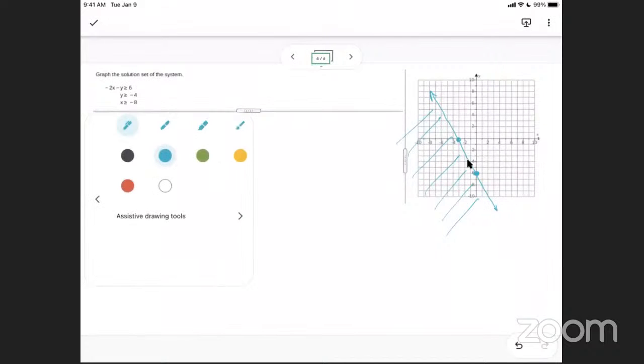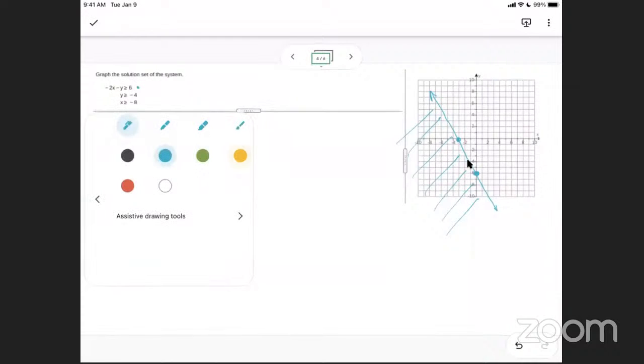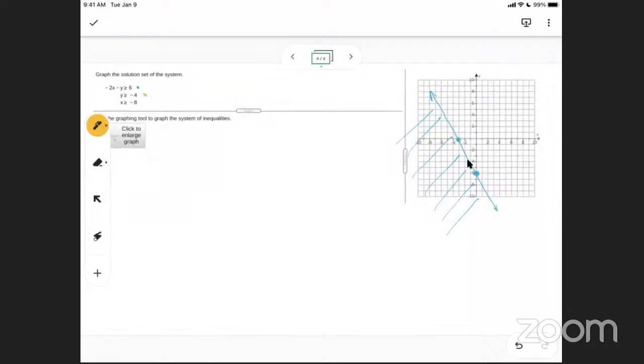Now let's graph this. Sorry, let me color code that. Now let's graph this line right here. y is greater than or equal to -4 means that x can be anything, but y has to be greater than or equal to -4.